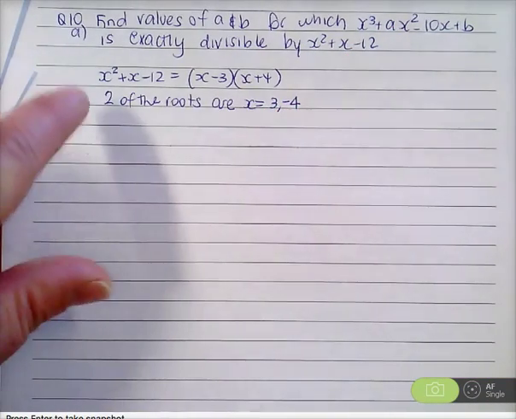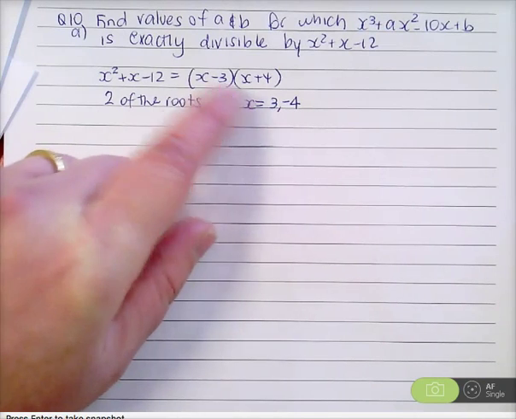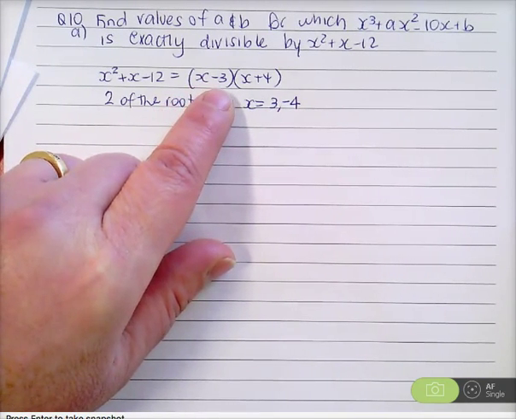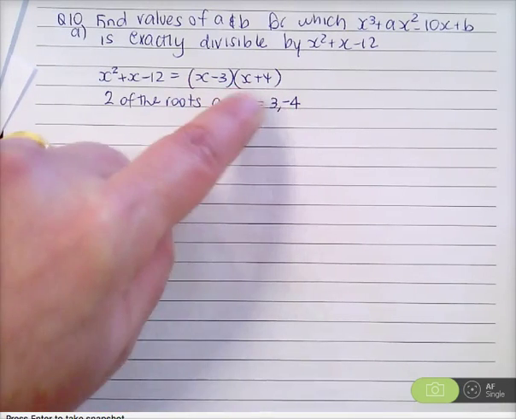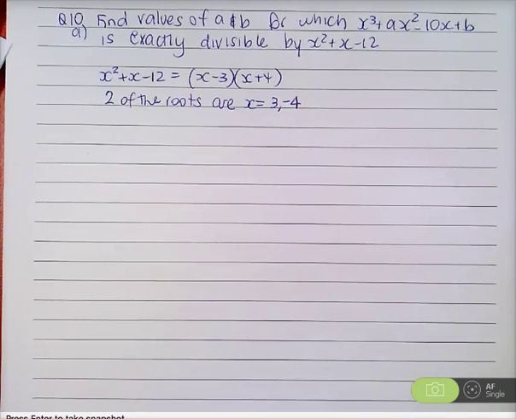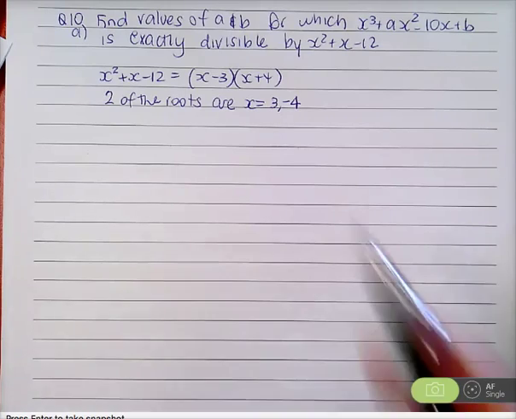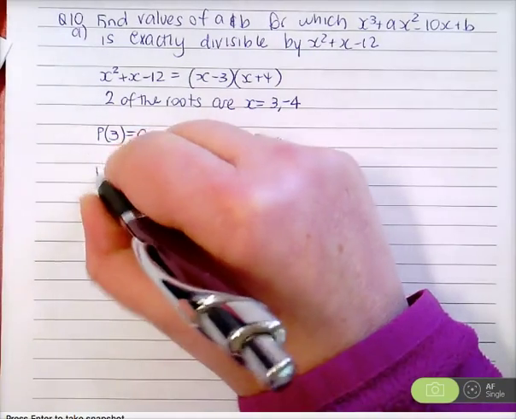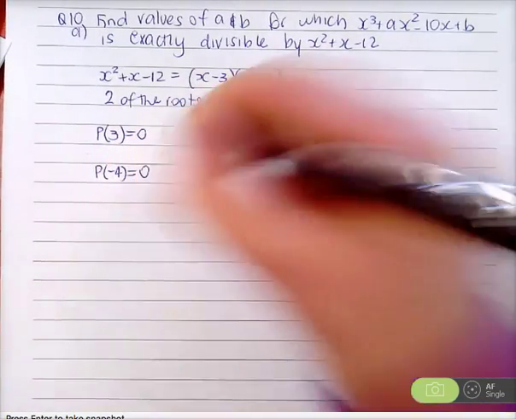So two of the roots of your quadratic are 3, because it's got to be in the format x minus the root, x minus the root. So the x plus 4 is x minus negative 4. Now we've just got to do the same as what you just did in question 9. You know what two of the roots are. Therefore, p of 3 will be 0 and p of negative 4 will be 0.